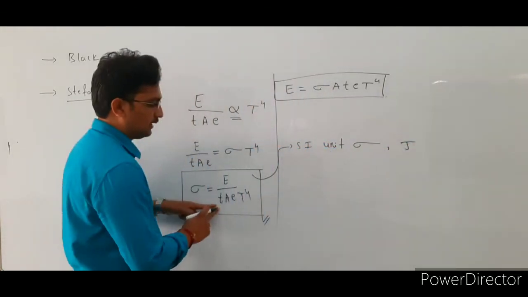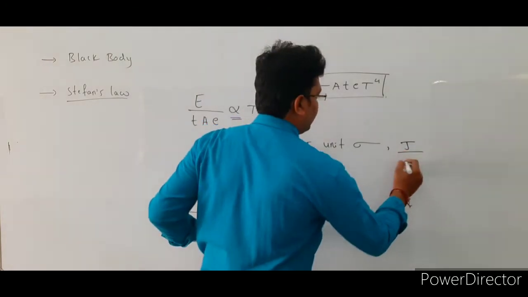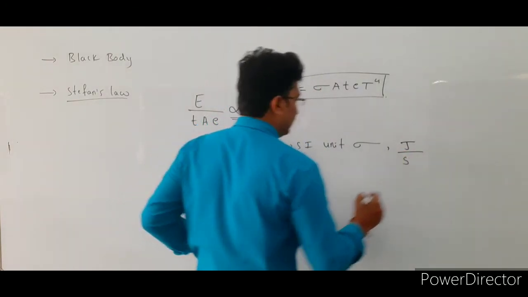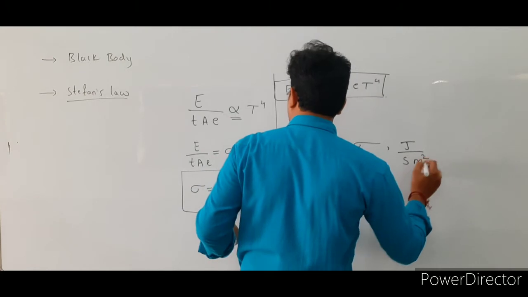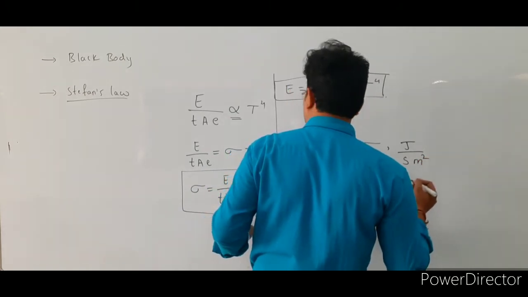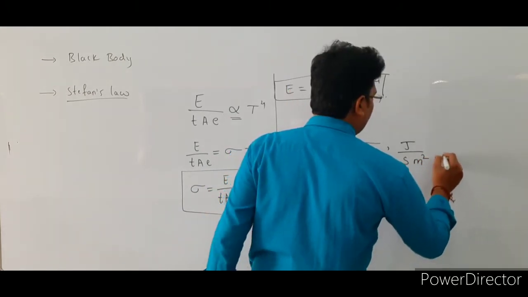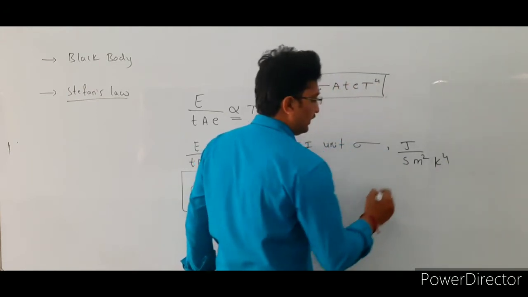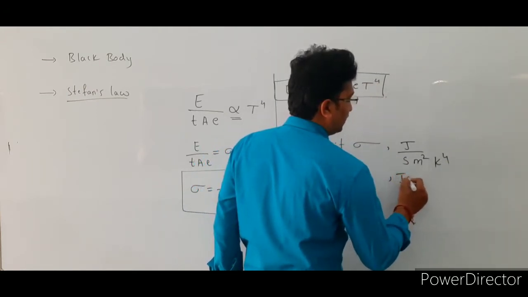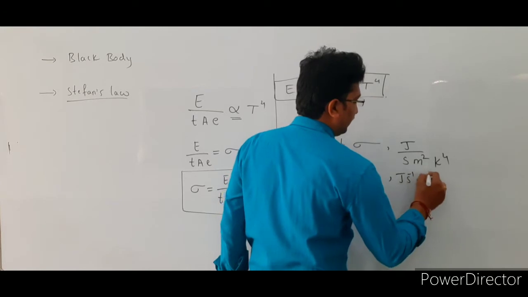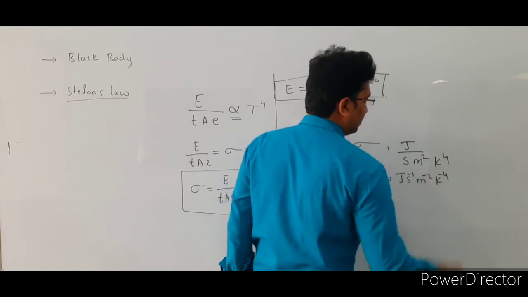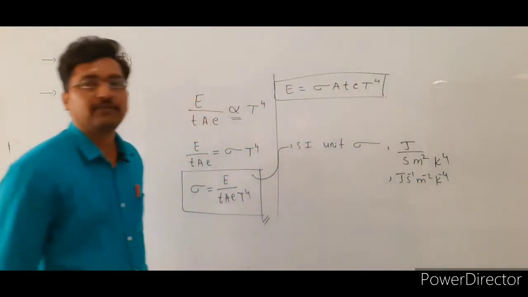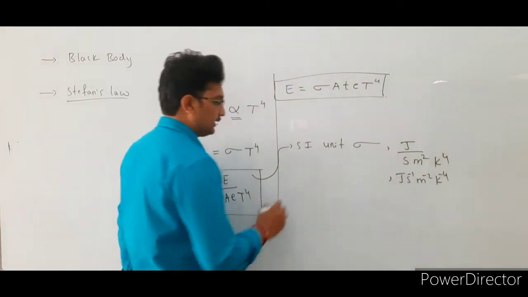Next, SI unit of time is second, area is meter square, for emissive power there is no unit, and temperature is K to the power of 4. So then the SI unit is joule per second per meter square, K to the power of minus 4. This is the SI unit of sigma.